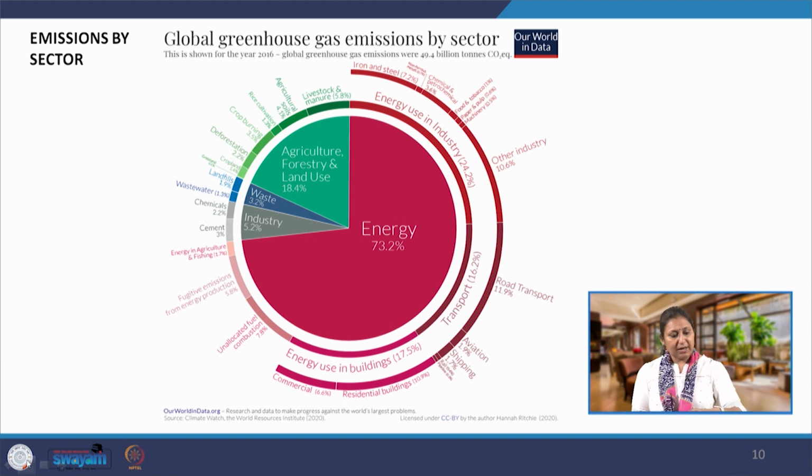Now, coming back to the greenhouse gas emissions, because that is our major focus, we have already seen in the previous lecture that the major contribution to emissions is because of the energy sector. Today the maximum amount of emission is being released because of burning of fossil fuels, for generating energy, that is for generating electricity.